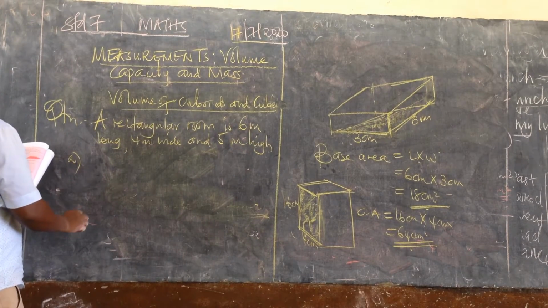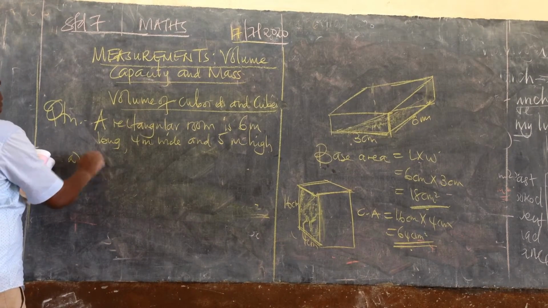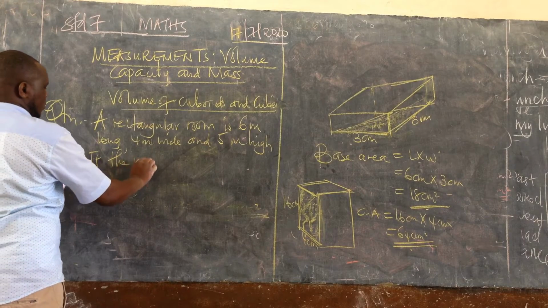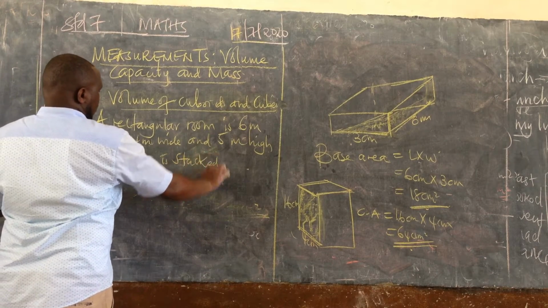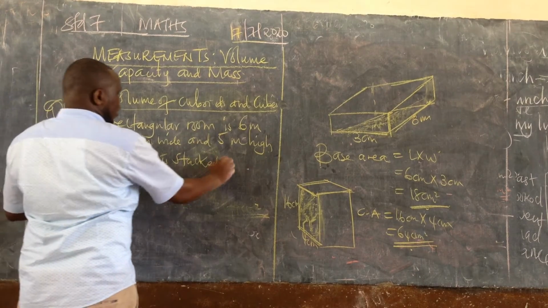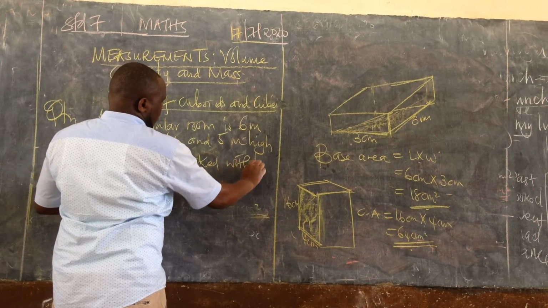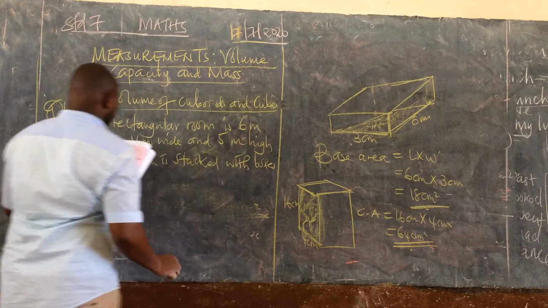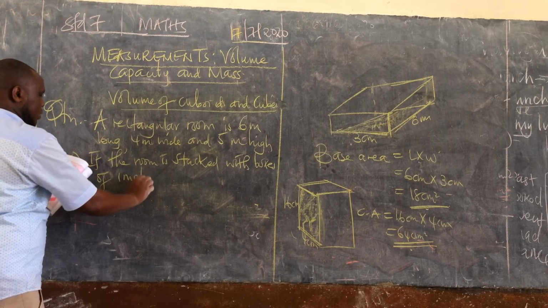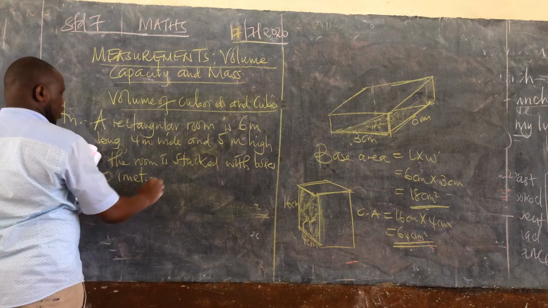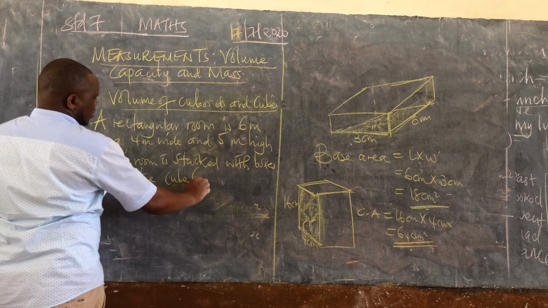If the room is stacked, you know what stacks are? With boxes. The boxes of 1 meter cube. That is 1 meter cube.